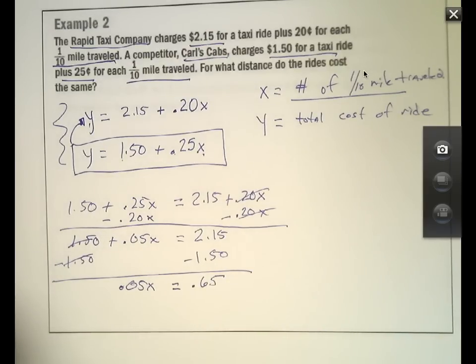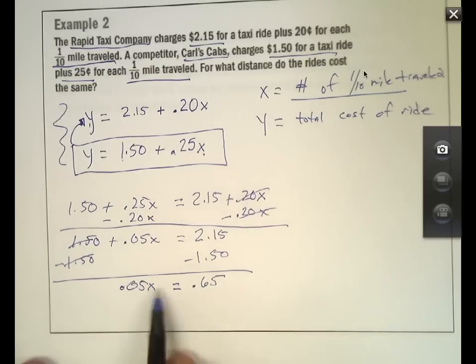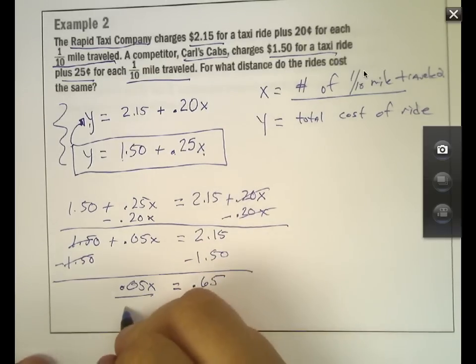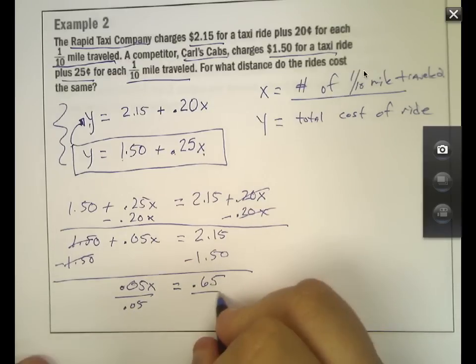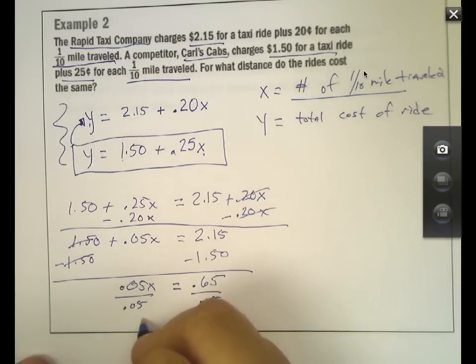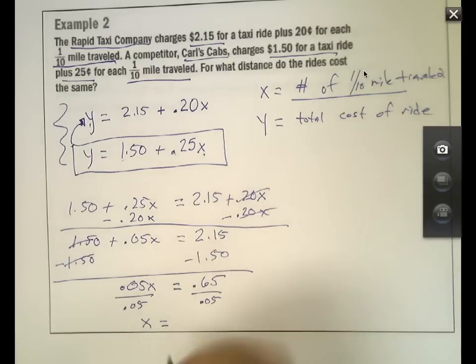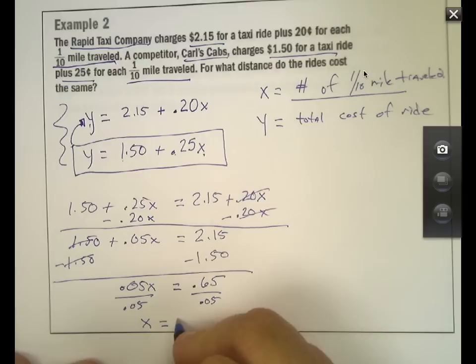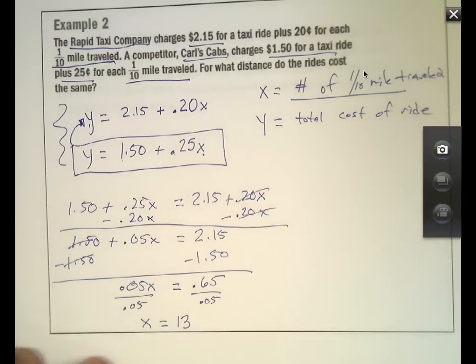Now, you have to divide by 0.05. So x equals 0.65 divided by 0.05. X is going to equal 13.